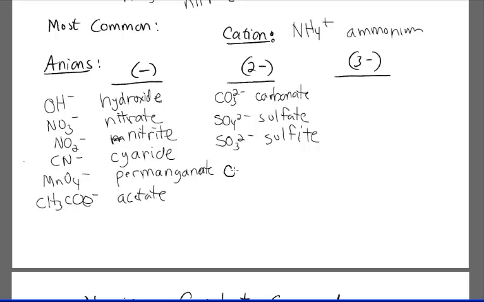Then finally there's Cr2O7 2-, which is dichromate. In the 3- category, I'm simply going to list PO4 3-, which is phosphate. So those are the most common ones.